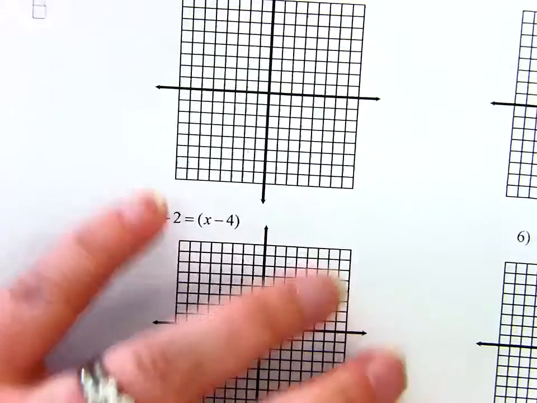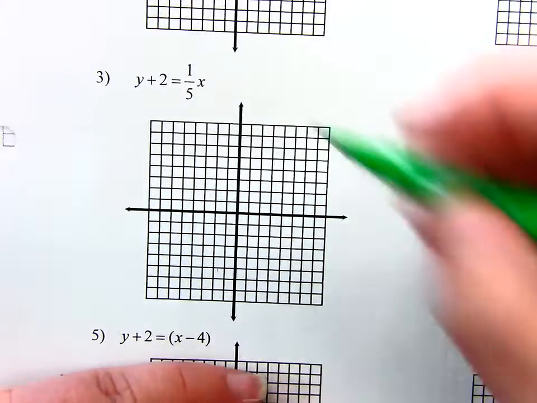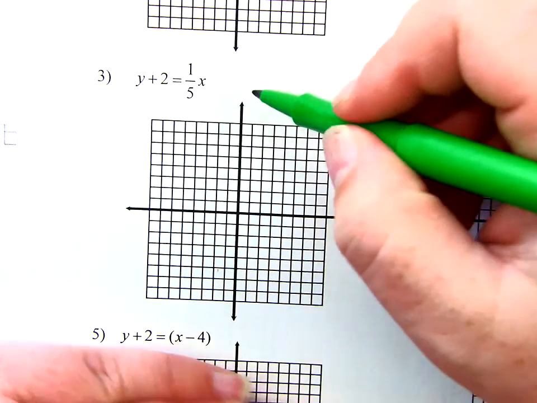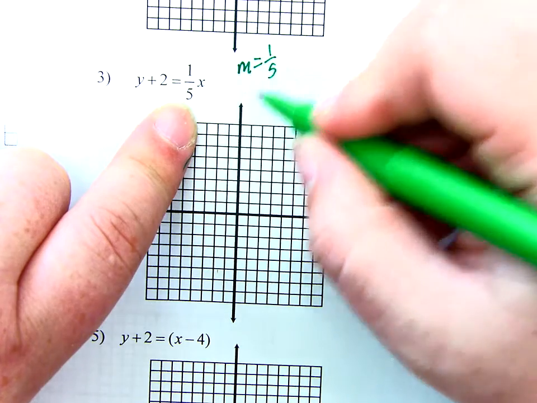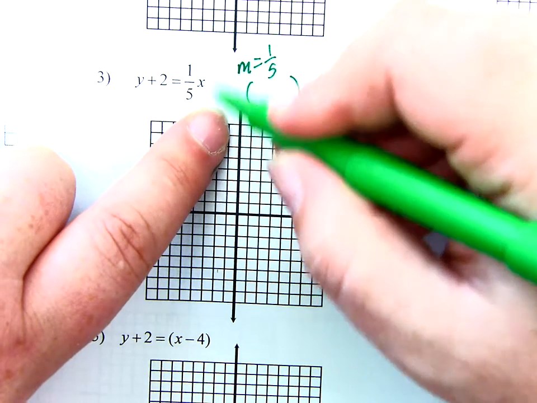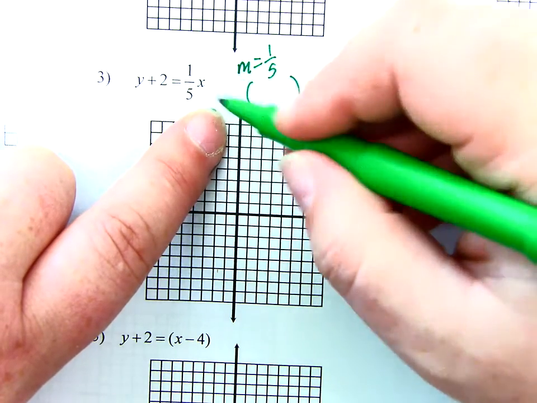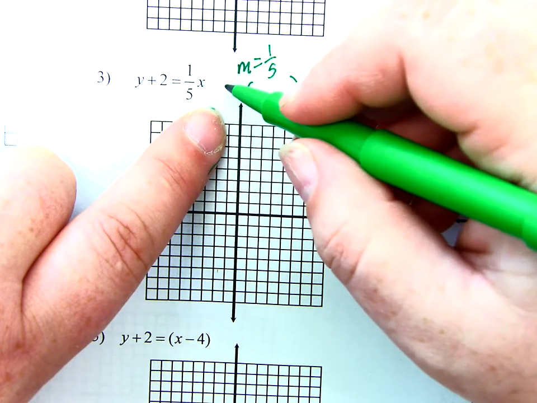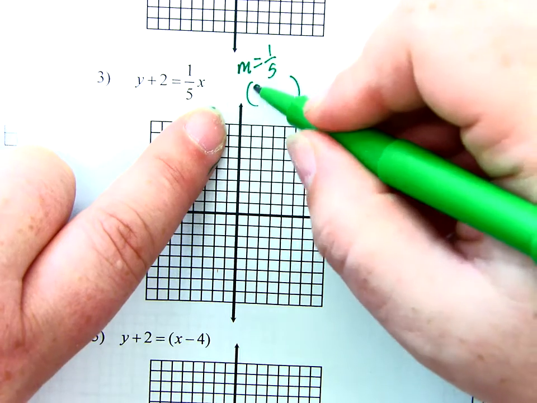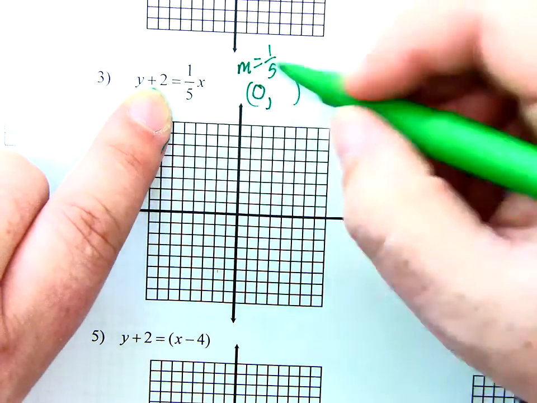Number 3 is a little bit of a curveball because there is no number over here. Well, my slope is still just going to be 1/5, but then for that other point, if there's no number here, what's there really? Zero, so it's just (0, -2).